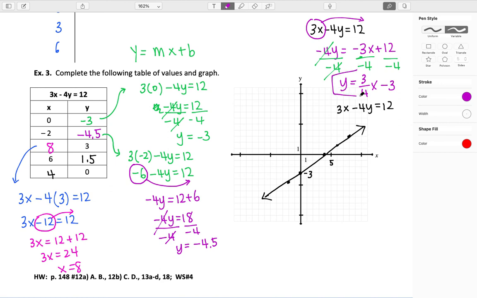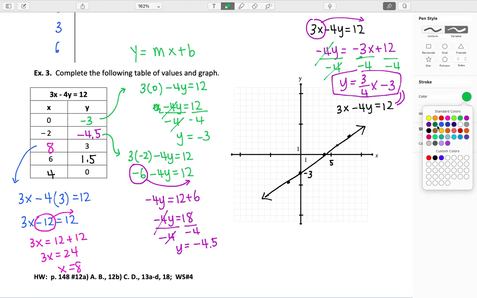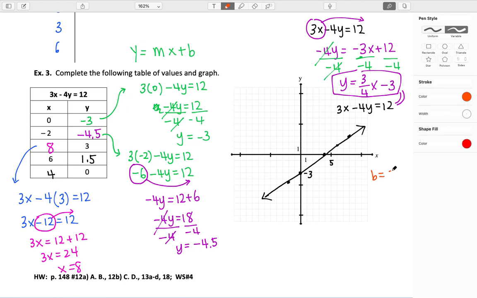So this is my slope y-intercept form, and it's exactly the same as this line equation. And just by looking at it, what's my starting point here? My starting point, the y-intercept, is -3 as b. And my slope is 3 over 4. Therefore, your starting point, which is at -3 here, and what you will be doing, I will be going up 3 and right 4.